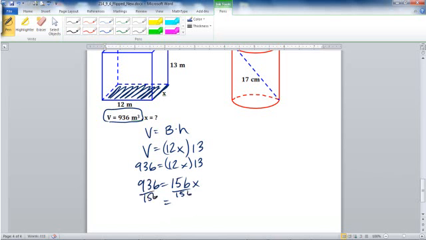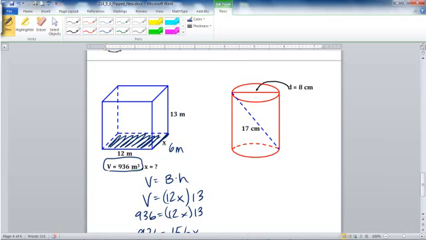And 936 divided by 156 is 6. So x equals 6. Now be very careful. I'm not finding a volume, so my units are not meters cubed. I'm finding a one dimension here. So this is 6 meters. That's one thing to note when working backward when they give you the volume.